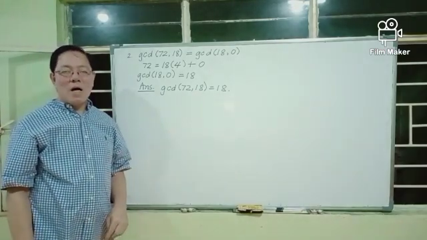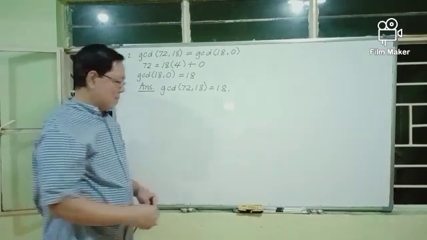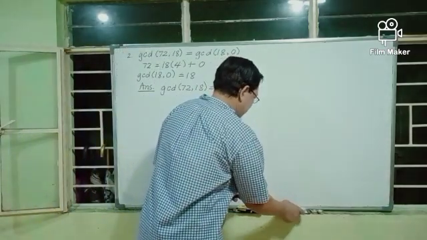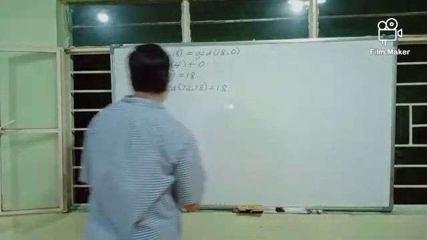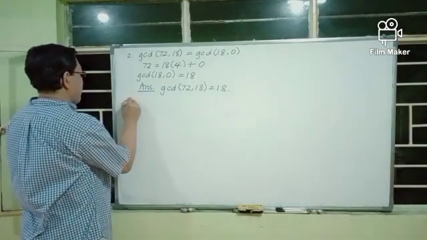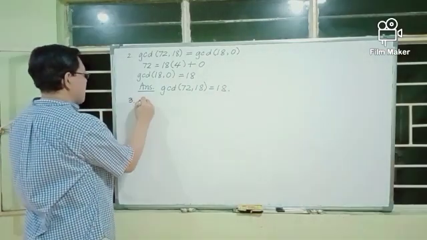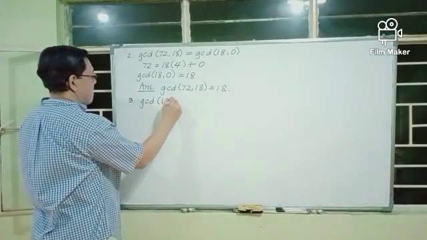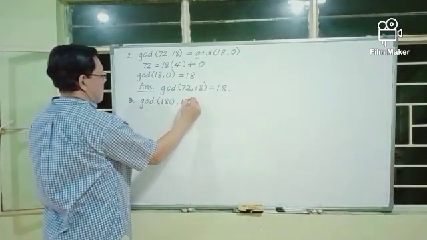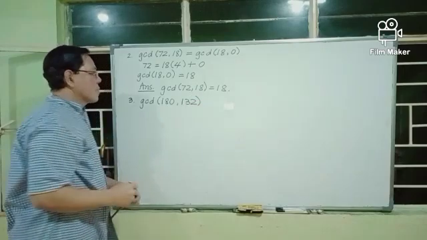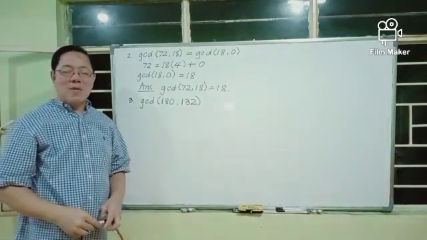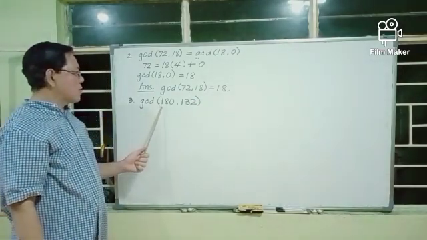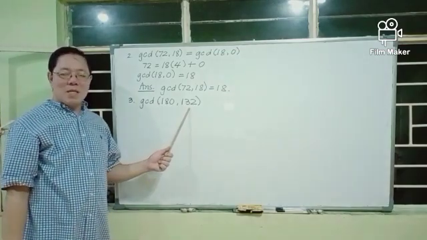We now take another example. We find the greatest common divisor of the positive integers 180 and 132.